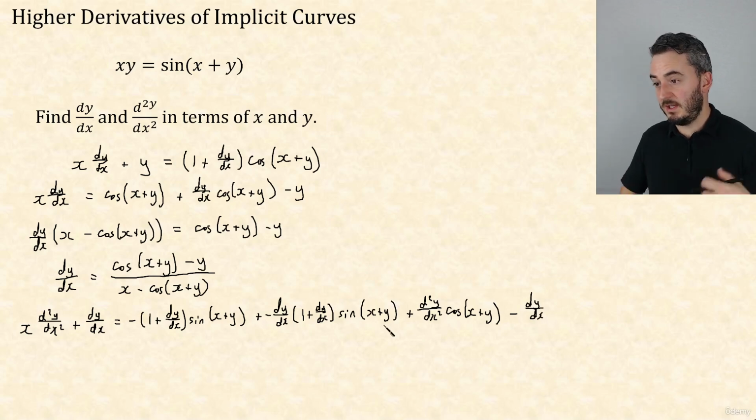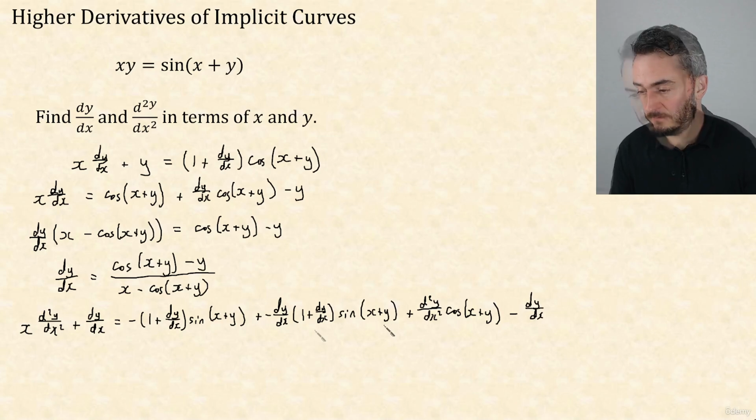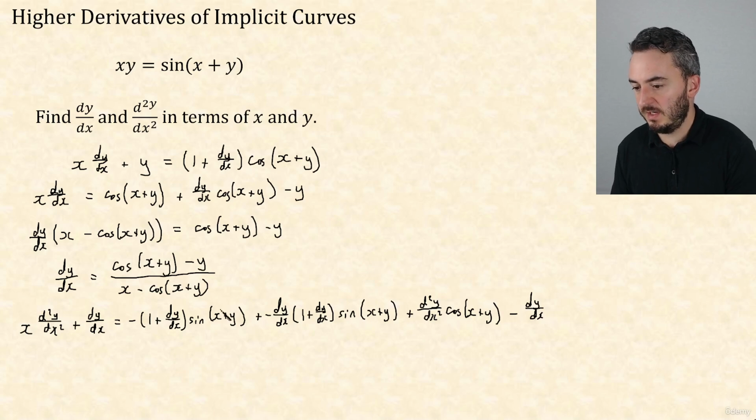Now we need to get an expression for d²y/dx² out of this in terms of x and y. We can actually tidy this up a little bit. Notice that these two brackets both have sin(x+y), and they both have 1 plus dy/dx.